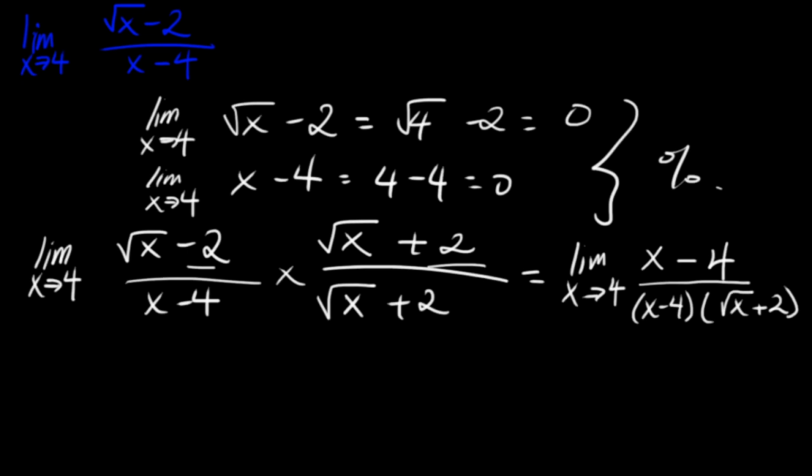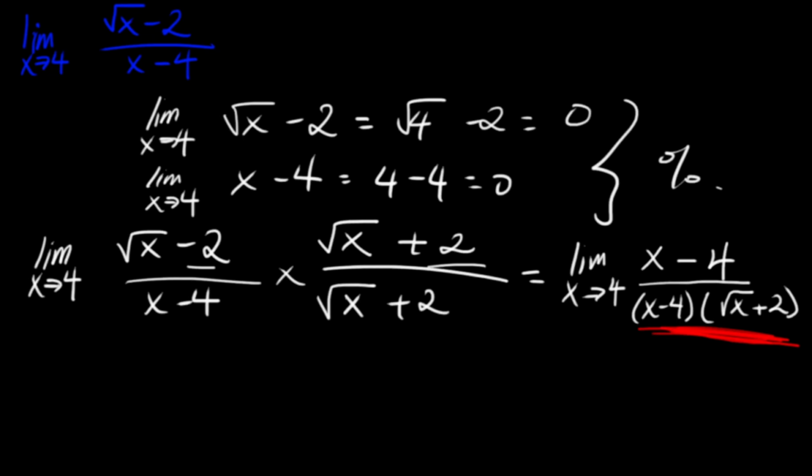One common mistake that I see students making is that they distribute the bottom denominator, right? And the reason why we don't do that is that we see something so simple there that we can cancel out.